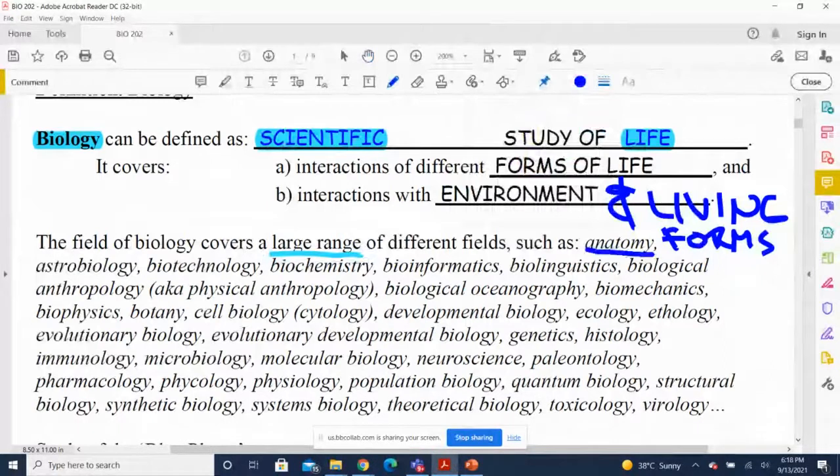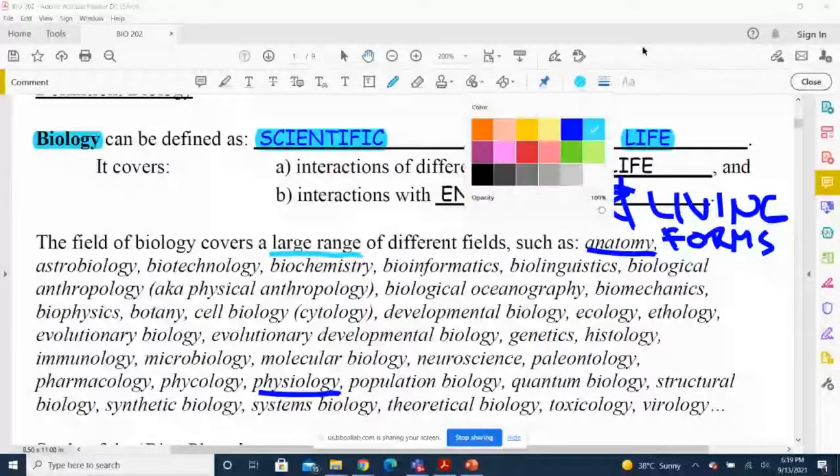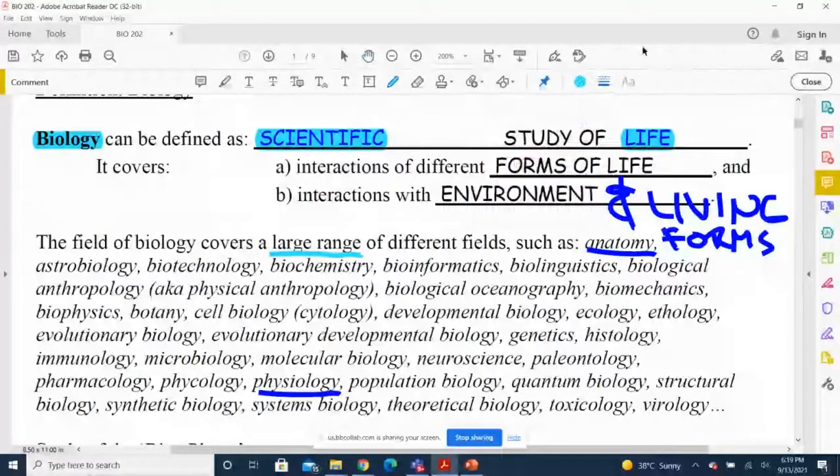Of course, anatomy and physiology would be very important, but also we want to pay attention in this course to things such as the chemical foundation of life. So basic chemistry is going to be important. We'll be looking at cell biology, which is known as cytology.